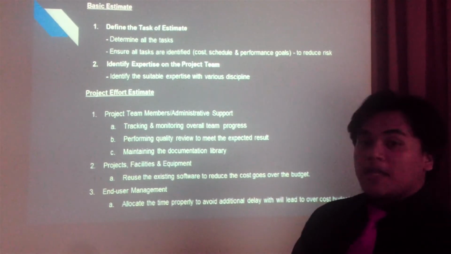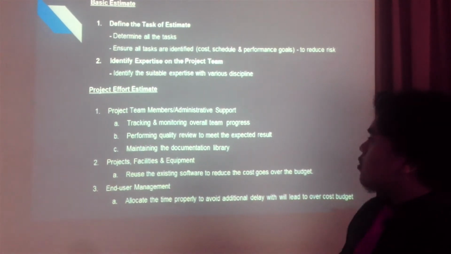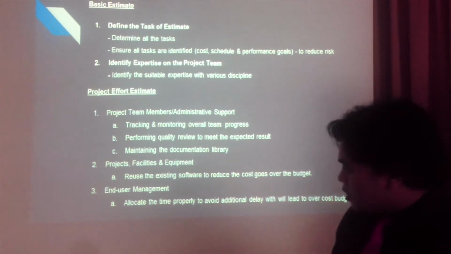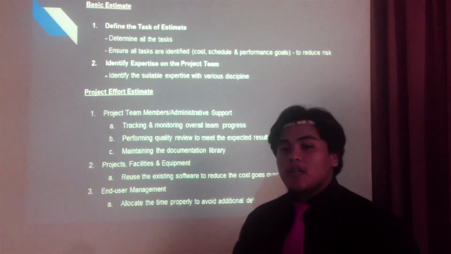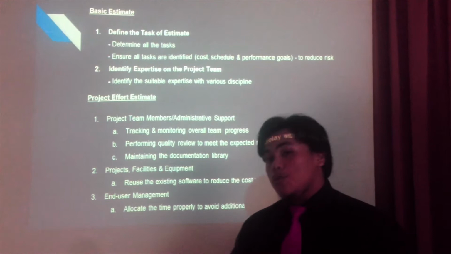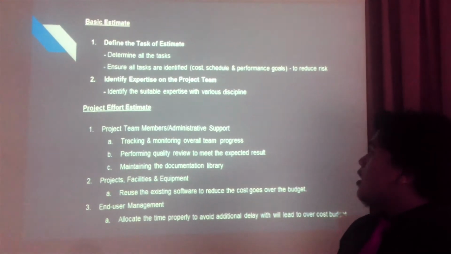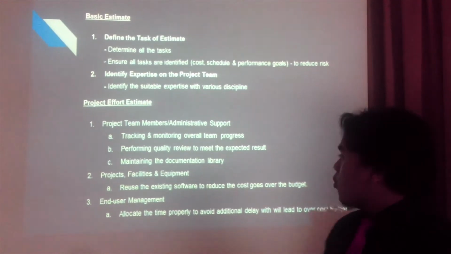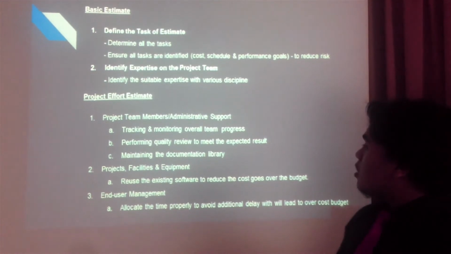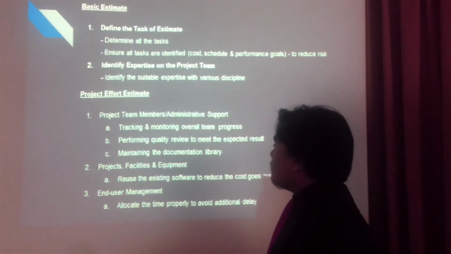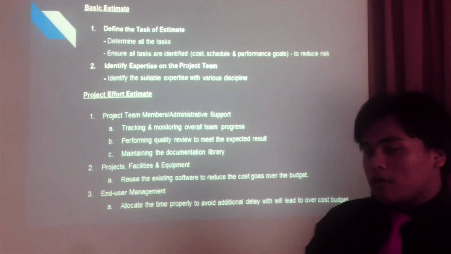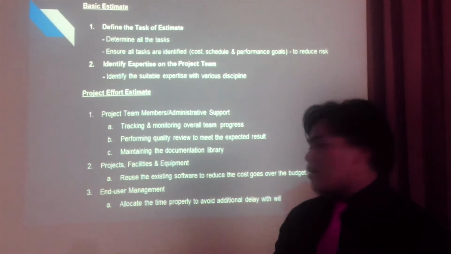For the project effort estimate, there are 3 tasks here, which are project team members administrative support, project facilities and equipment, and then end user management. For the project team members administrative support, we do tracking and monitoring of overall team progress. We perform quality review to meet expected results, and then we maintain the documentation library.